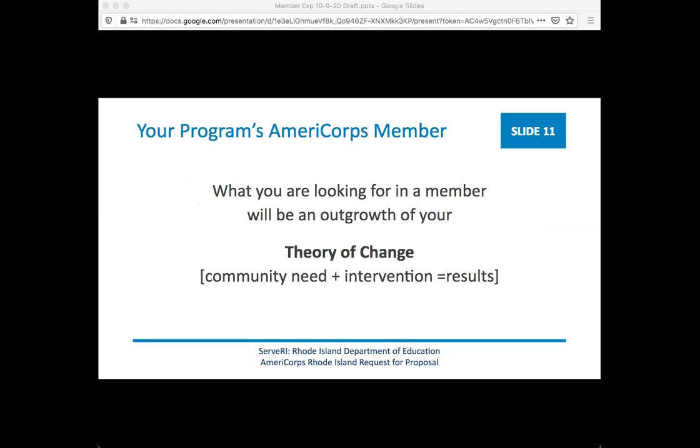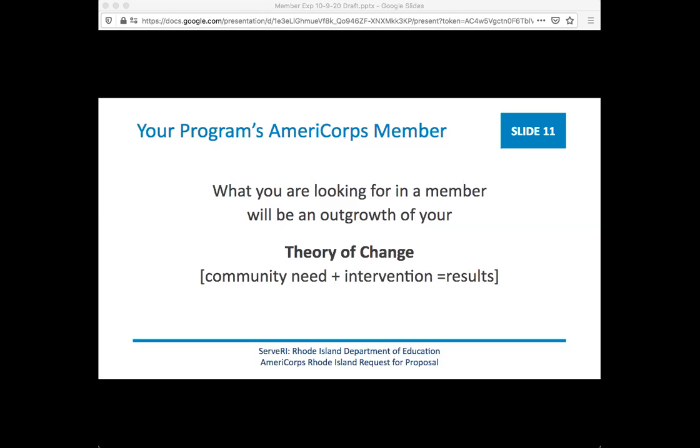So I've thrown out all these big ideas: thinking about the individuals, thinking about the broad scope of your program, thinking about all these components. But all of this really has to be guided by your theory of change. In reading the RFP, you'll see that the foundation of your grant is that theory of change. And the theory of change is your community need, what's the intervention, and what are the expected results.